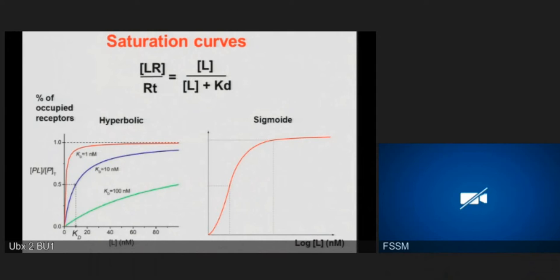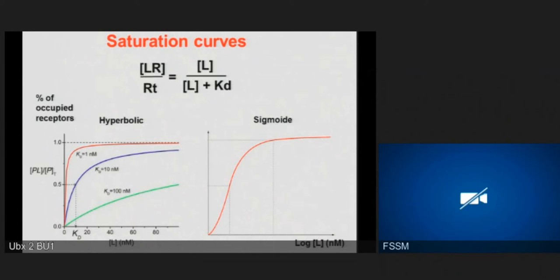This is exactly the same, but while in the hyperbolic representation you can directly have the KD and the value of KD in molarity, with the sigmoid representation you will have the log of KD, so the log of molarity.